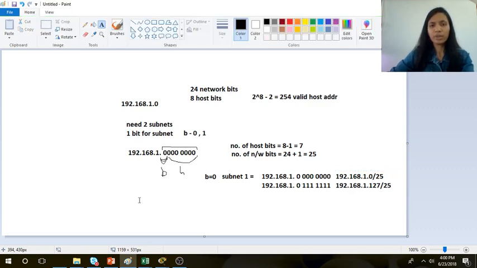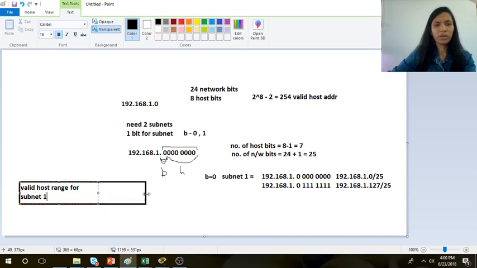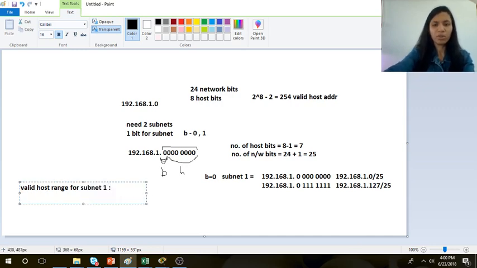And hence you can say that the valid host range for subnet 1 is going to be from 192.168.1.1/25 up to 192.168.1.126/25. That is, in between these two.